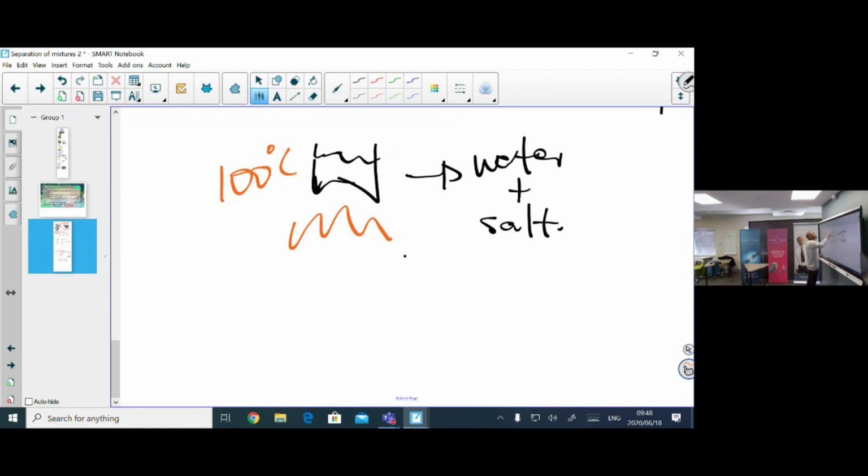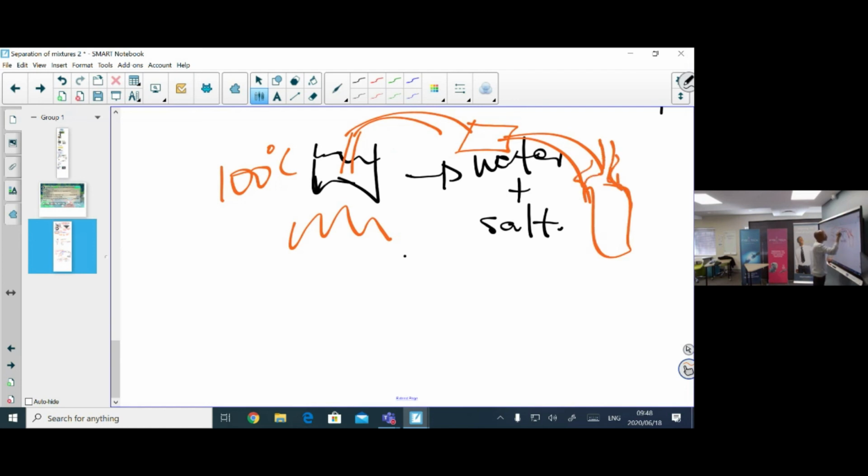And upon vaporizing, it will leave the solution in the form of a gas, and we collect it with a tube. We condense it and collect it using a funnel, right? Here's our water vaporizing out because it has hit 100 degrees. We cool it down such that it can condense, meaning we lower the temperature here and we collect it.